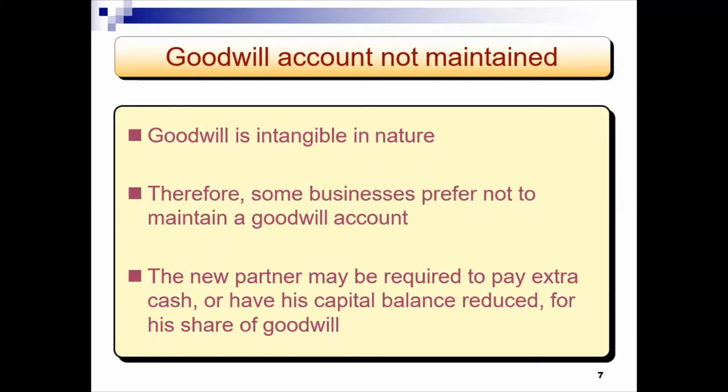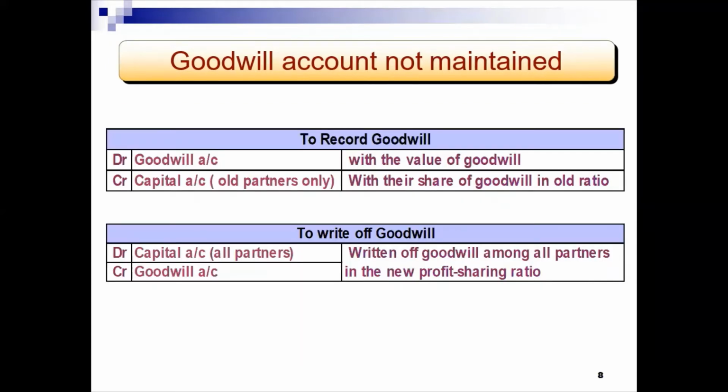Now, the accounting entries that support this particular activity include the following. If goodwill account is not maintained in the business, then the accounting entries to be made include the following. To record goodwill, debit goodwill account with the value of goodwill, and credit the old partners' capital accounts only with their share of goodwill in the old profit sharing ratio.